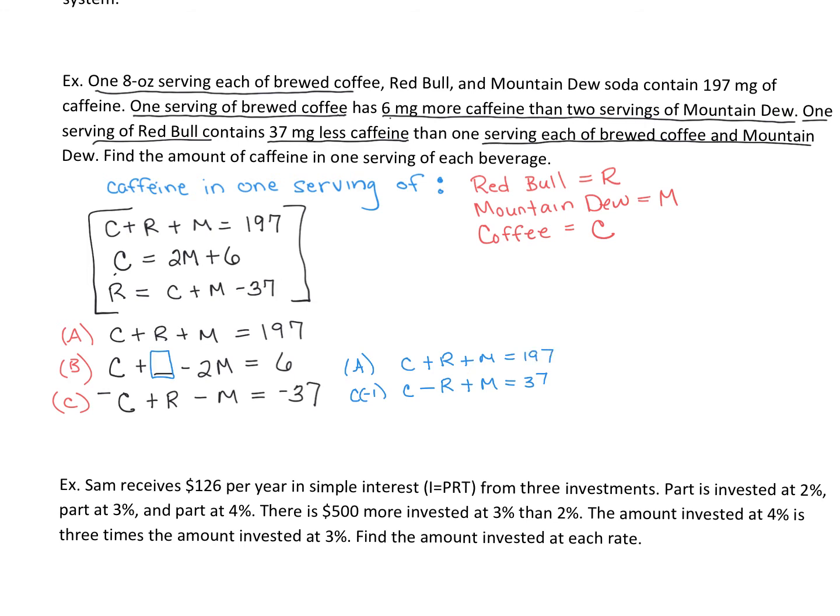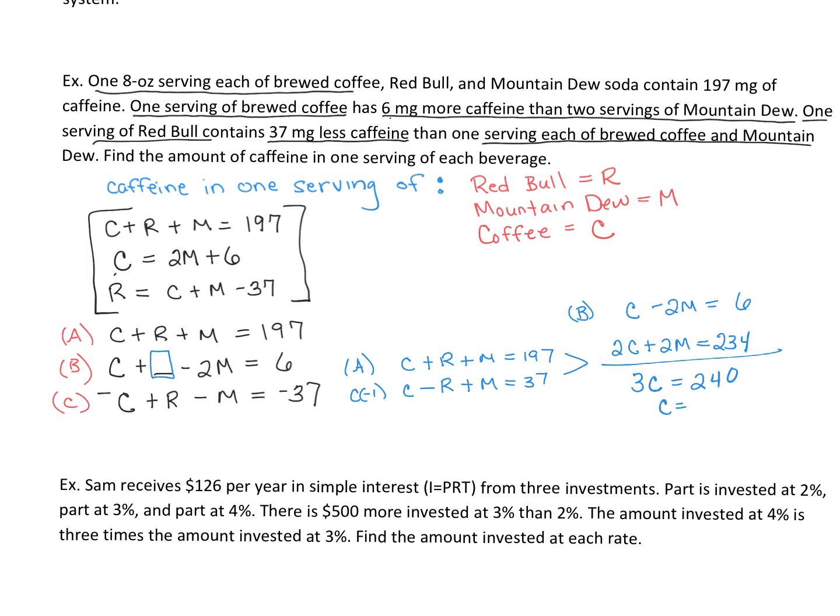So adding these together, we're going to have 2C plus 2M equals 234. And then we'll just bring equation B over here as well, which is C minus 2M equals 6. And how convenient, when I add those together, I get 3C equals 240.